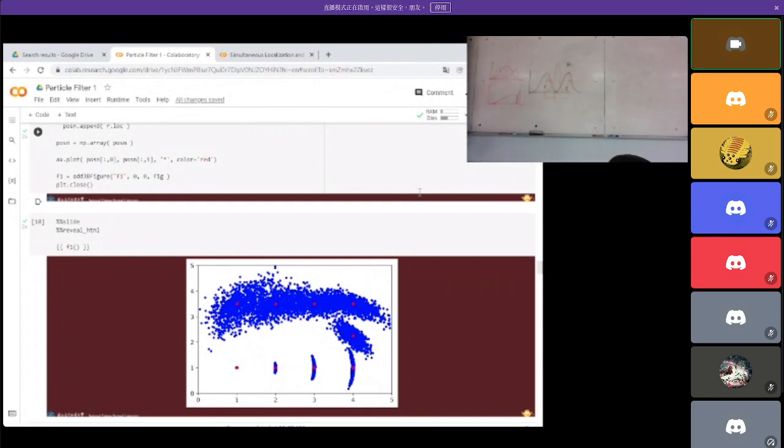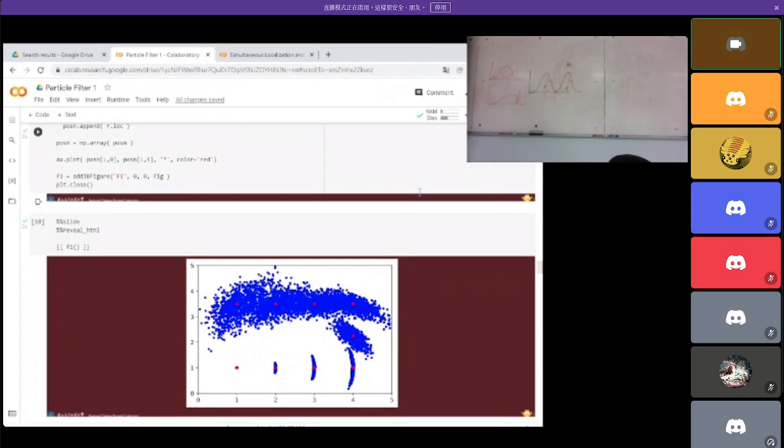But the way that I would actually be able to determine what my most likely position is would be the density of the particles that I have. The more particles that I have in, let's say, a small neighborhood around myself, the more likely it is that this is the correct location.